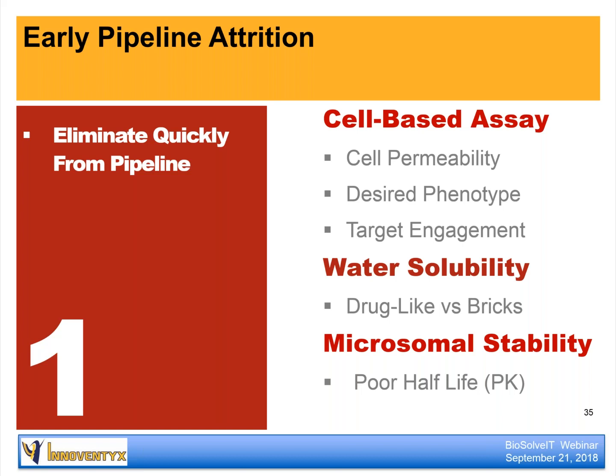Because if you see a desired effect in a cell, then you know that the compound is entering the cell, therefore it's cell permeable. If it's creating a particular effect, then you know it's creating the phenotype that you want. And at the same time, you can confirm that the compound is hitting the target that you're going after. So you want to confirm target engagement.